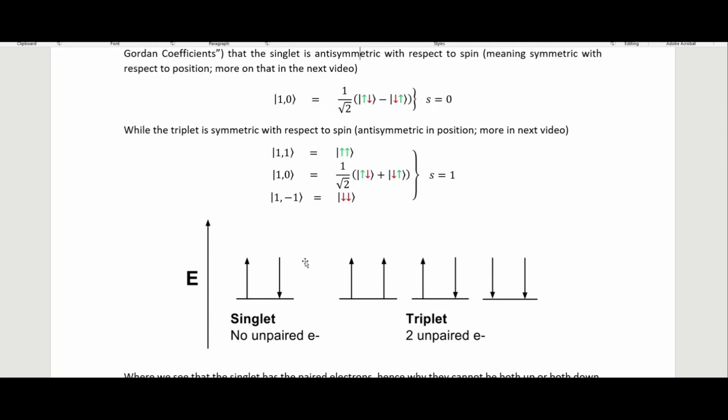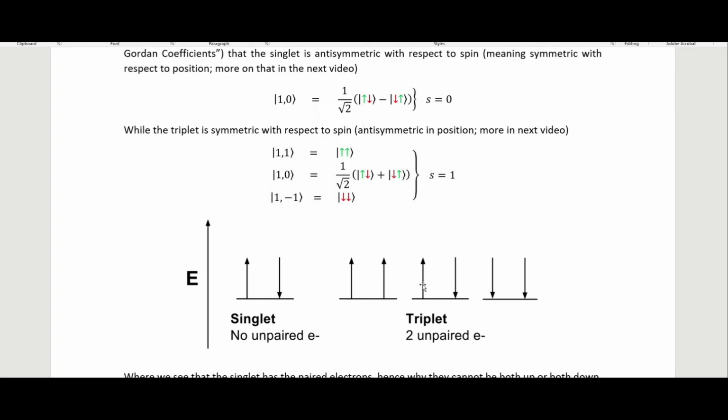So if one is up and the other is down, then these two things can occupy the same space. Whereas here, it's symmetric with respect to spin, so we have the plus right there, and this is obviously symmetric with itself, and this is symmetric with itself. So then we have to be anti-symmetric in position.